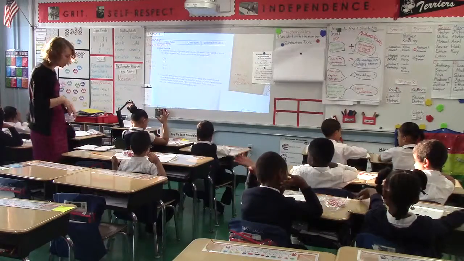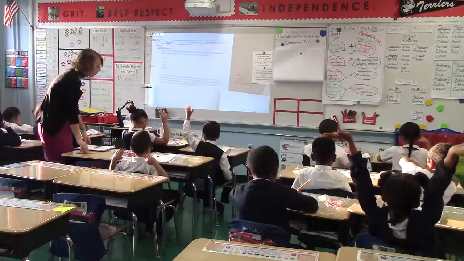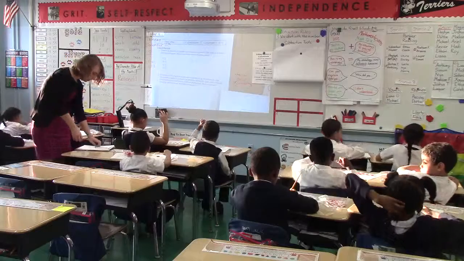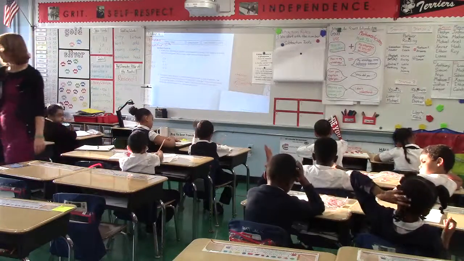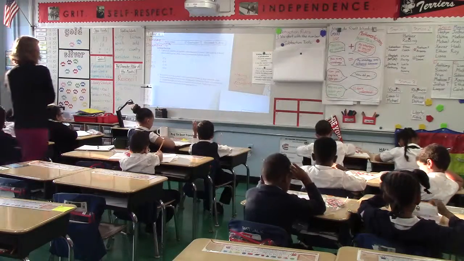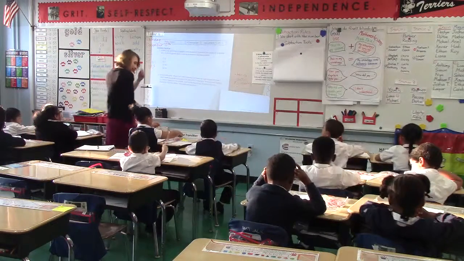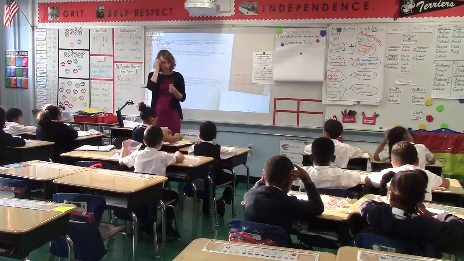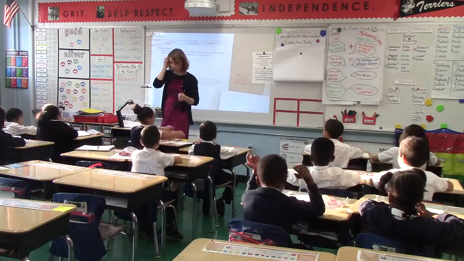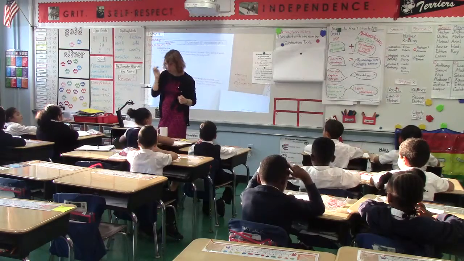The correct answer is 8. You're absolutely right. Go ahead and bubble it in. Ariel, go ahead and bubble it in. Back to me in 10, 9, 8, 7, 6, 5, 4, 3, 2, Liana, 1, 0.